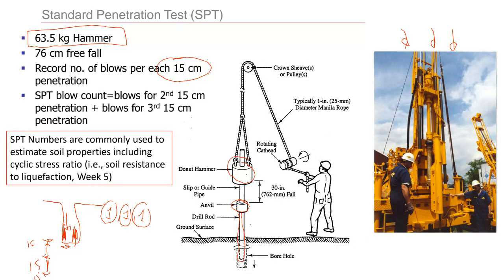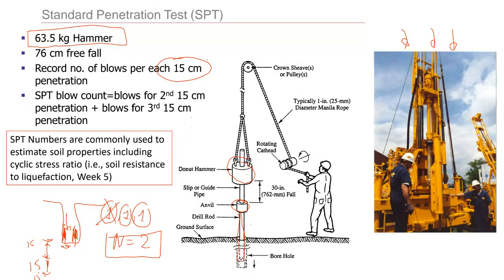So what they do next is you will see that it says N equals 2. So this is what we need, number 2. What we do is we disregard the first 15 centimeters, because we assume that when we do this test, because we first drill, we then disturb the sample. So for the first 15 centimeters, we assume that the ground is disturbed.